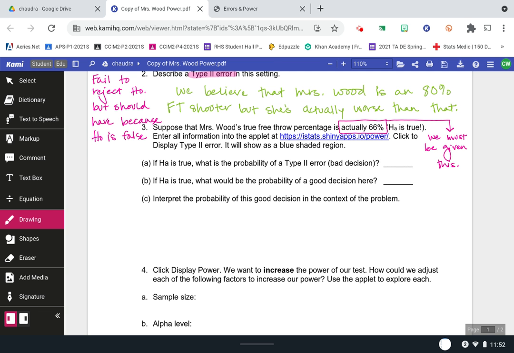I don't want you to think that that was something that you should have known or been able to come up with. If they're going to have you do any sort of calculations, you have to be given that value, okay?